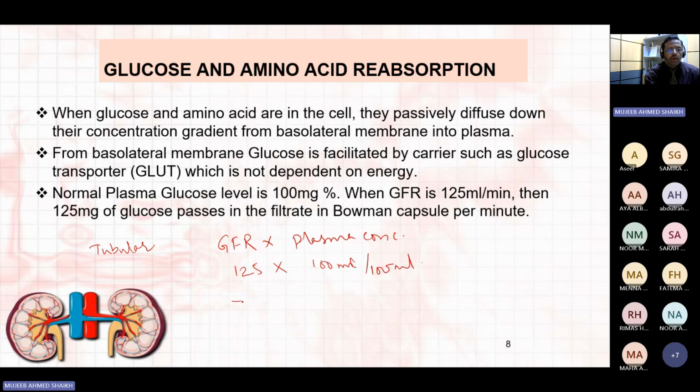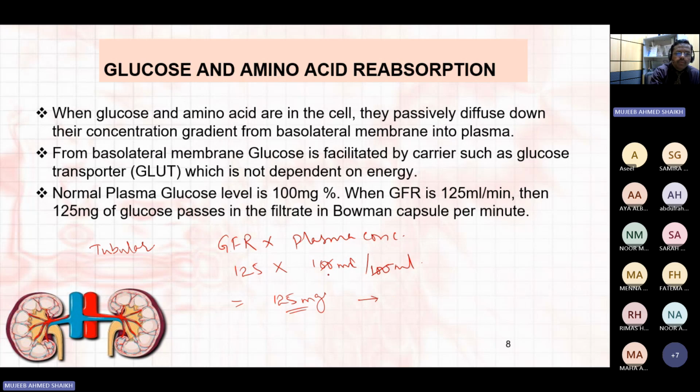So this 100 is cancelled, and it is 125 milligram. So 125 milligram of sugar will be present when the GFR is normal, or 125.